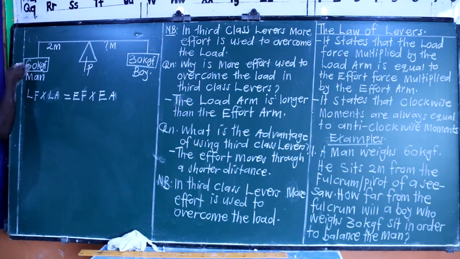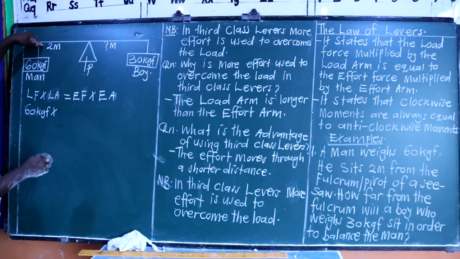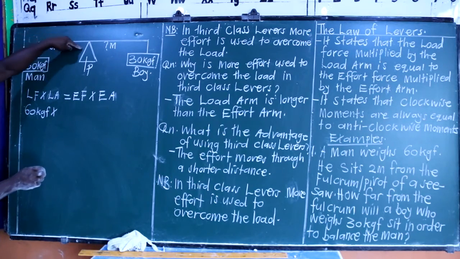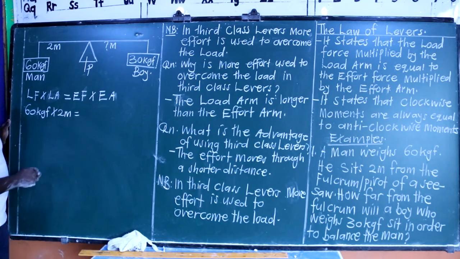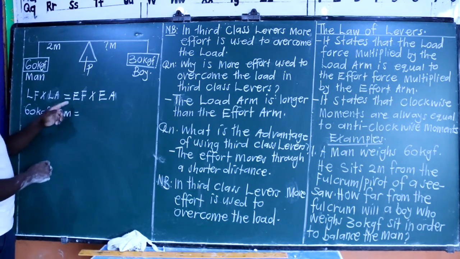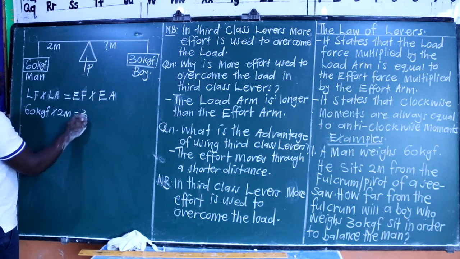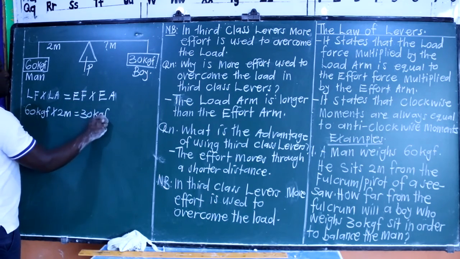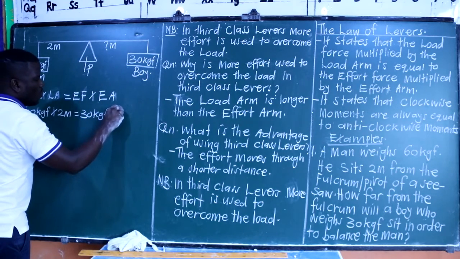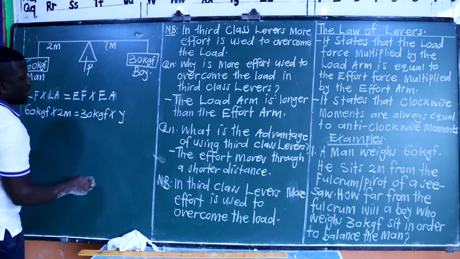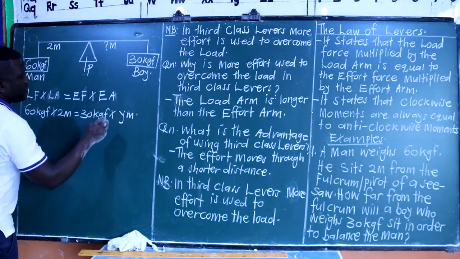Load force is 60 kilogram force. Our load arm, remember we said load arm, the distance between the load and the pivot. So our load arm is 2 meters, equals to effort force, 30 kilogram force, times effort arm, which we don't know. We can put there y meters.